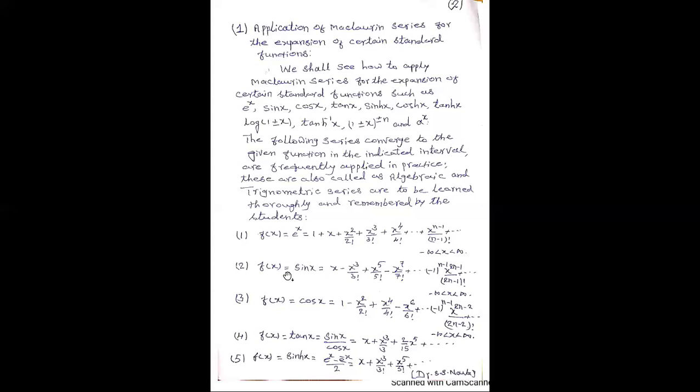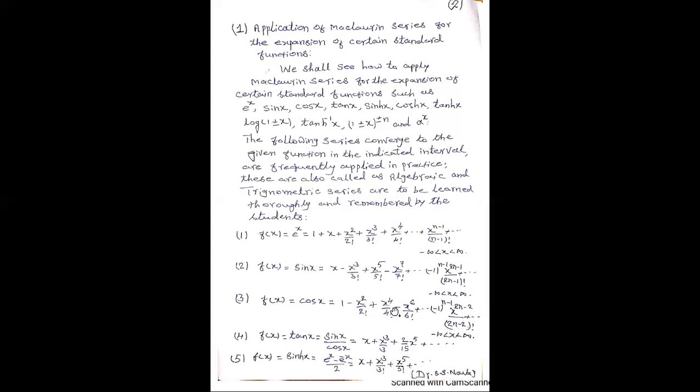Now similarly, for f of x is equal to cos x. Now this is sin x, this is cos x, which is 1 minus x square upon 2 factorial plus x to the power 4 upon 4 factorial minus x to the power 6 upon 6 factorial plus and so on, minus 1 to the power n minus 1, x to the power 2n minus 2 divided by 2n minus 2 factorial plus and so on.